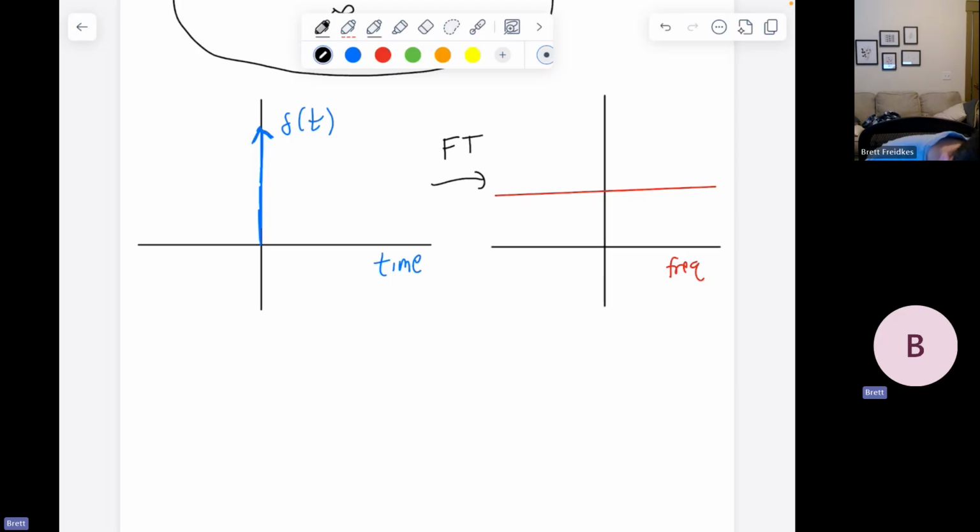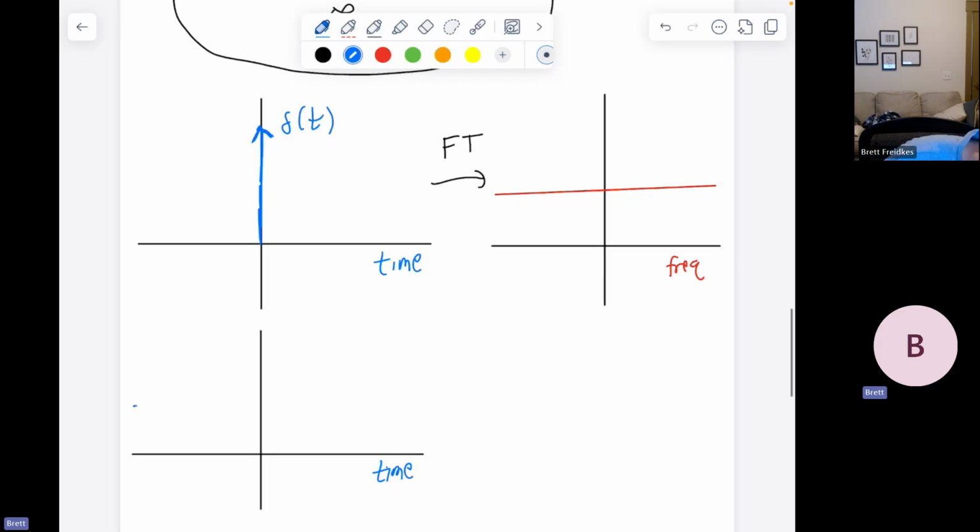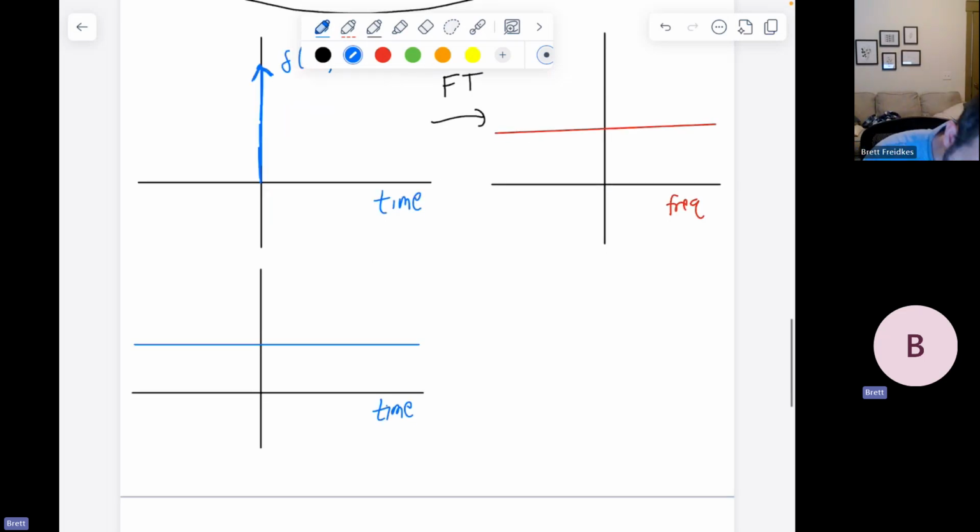Now, if I were to say instead, let's say that instead of having delta of t in the time domain, let's assume we have a constant value of 1. If we were to go to the frequency domain, we would see a Dirac-Delta function present at that location.